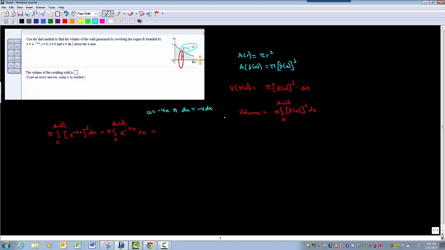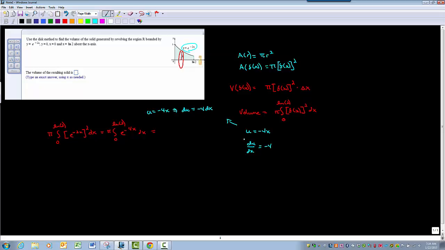If you're confused on where I'm getting this from, one way to think about it is if I had u equal to negative 4x, then du dx, using the Leibniz notation, would be equal to this. And if we just multiply both sides by dx, we would end up back here.